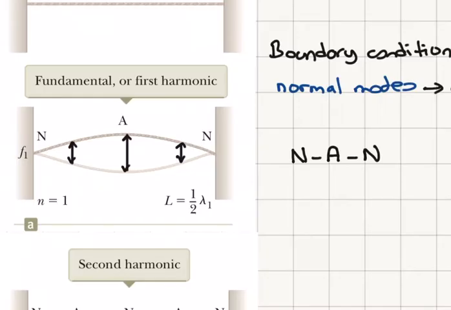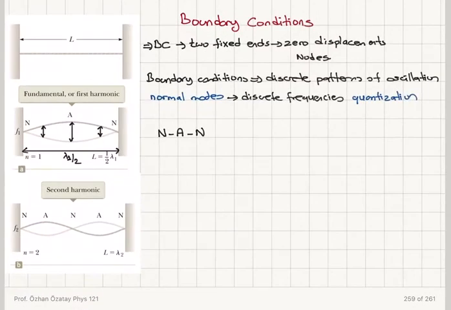So these string elements are moving up and down and giving me this node, anti-node, node relationship. Basically I see that I have only half a wavelength in between the two boundaries. So therefore the total length of the string must be equal to lambda over 2. So L is equal to lambda 1 over 2.